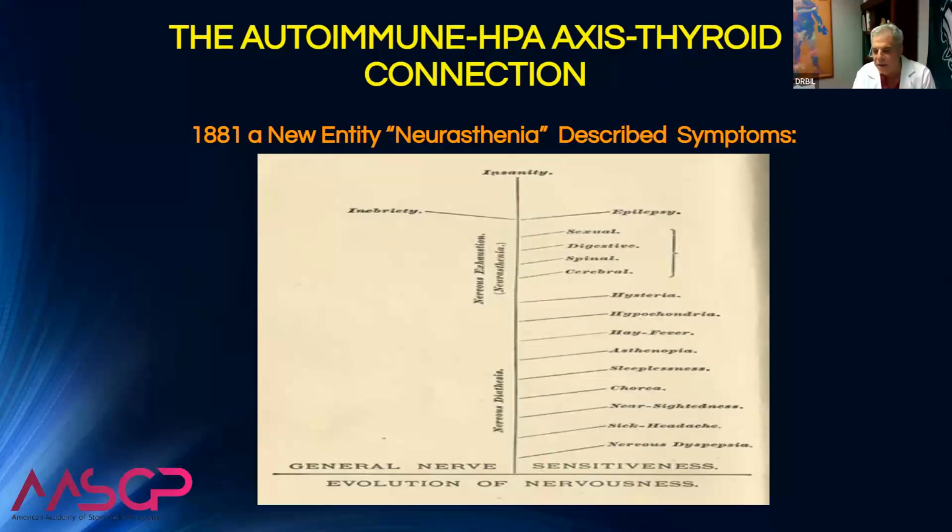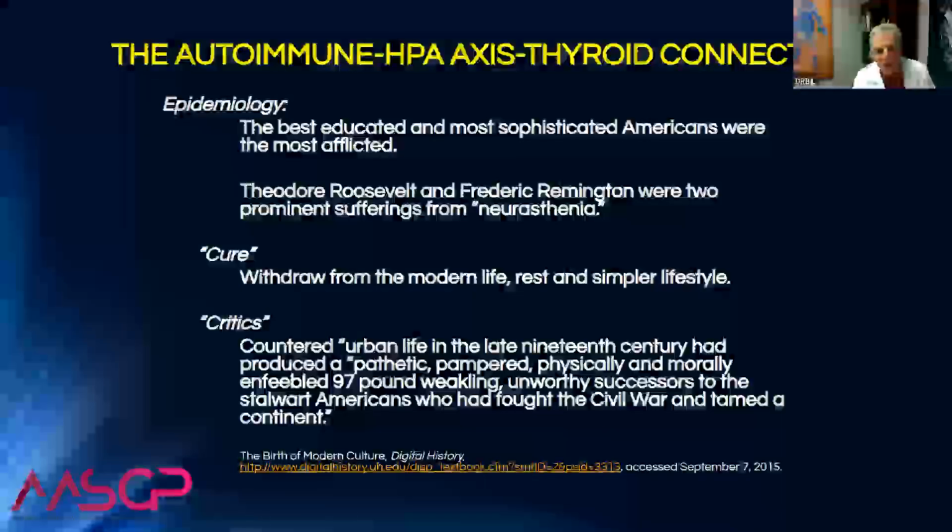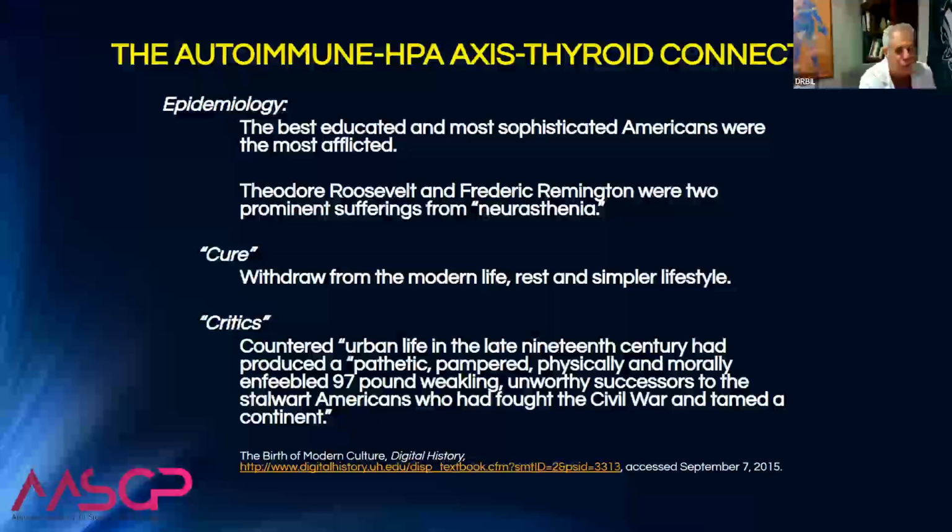It was written about, like I said, in the late 1800s, and it was rumored that Theodore Roosevelt and Frederic Remington, who was a painter of the Old West, both suffered from this neurasthenia. The cure was a withdrawal from modern life to rest in a simpler lifestyle.